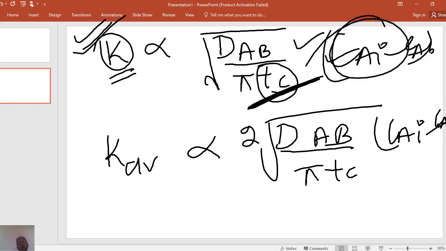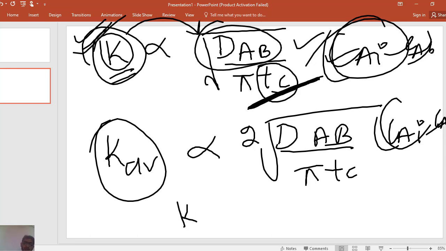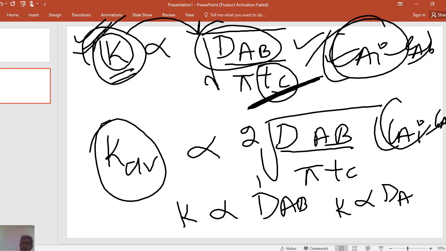So in this case the mass transfer coefficient is directly proportional to the square root of diffusivity, while in the film theory the mass transfer coefficient was directly proportional to the diffusivity of A and B to the power 1. In this case, it is proportional to the diffusivity of A and B to the power of 1 over 2. So this is about the penetration theory.